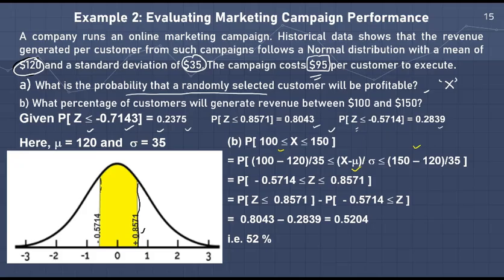That means I want the area probability under this particular shaded portion. But whatever information is given to me, all of it is from minus infinity, from this point. So what I use is this and this. You see, this is from minus infinity to 0.8571, starting from this point, this entire part.